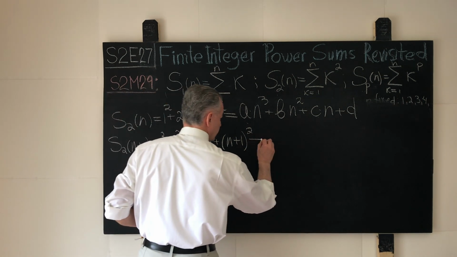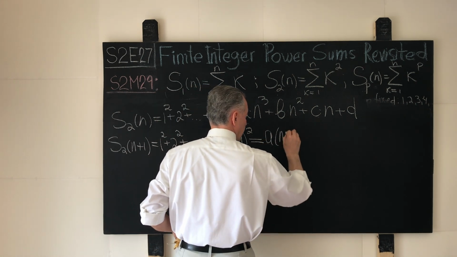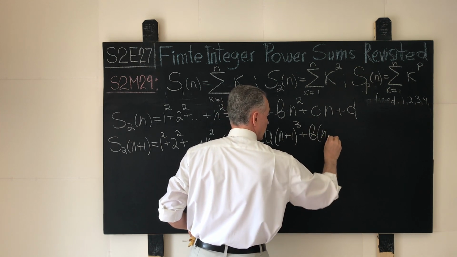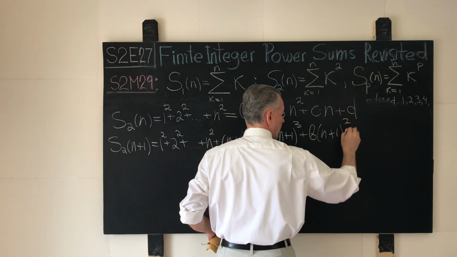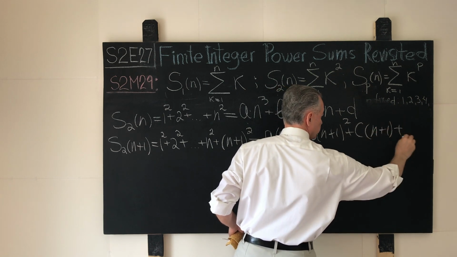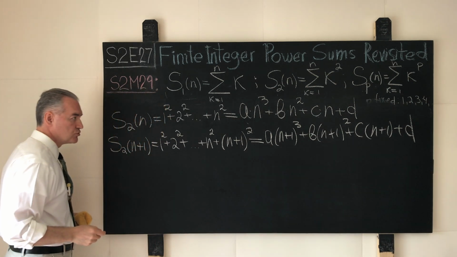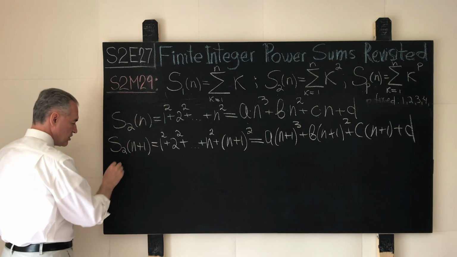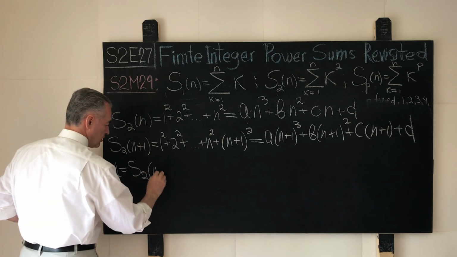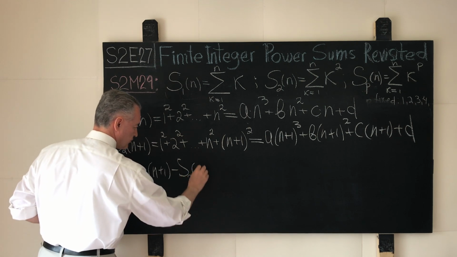So here, the polynomial in the iterated form will be what? a times n plus 1 to the third plus b times n plus 1 to the second power plus c times n plus 1 plus d, or the material that does not vary. Bam, step number 2. Step number 3, construct the difference, the delta, between S2 of n plus 1 minus S2 of n.